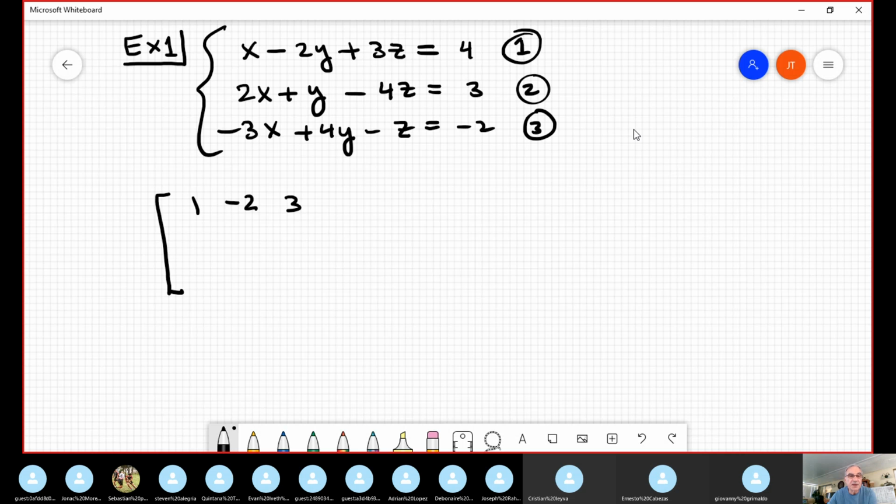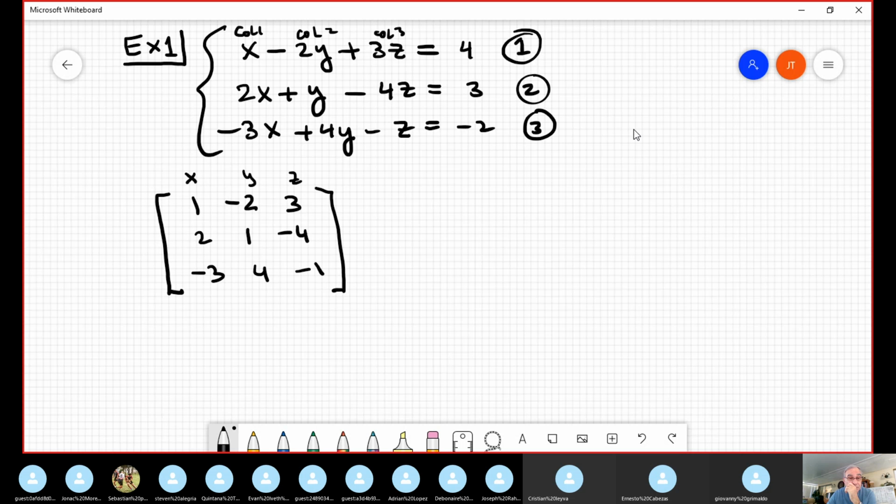So basically, I created one column for x here: column 1, column 2, and column 3. This is the column for y, and this is the column for z. The second row is 2, 1, minus 4. And the last one is minus 3, 4, and negative 1. Be careful with the sign, because the coefficient of z is negative 1.